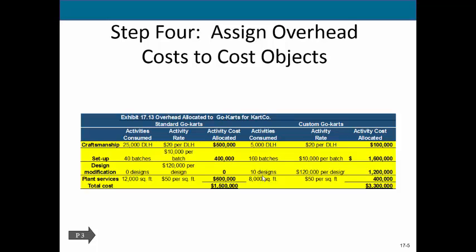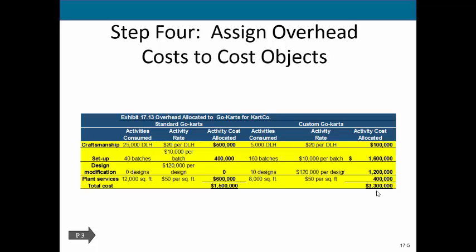So let's look at what happens in the end. The total overhead going to our standard go-karts is $1.5 million, whereas our custom go-karts get $3.3 million. And the reason for this is although we're making fewer go-karts, those go-karts are costing us a whole lot more because we're having to run more batches to make fewer go-karts, and we're having to redesign them.